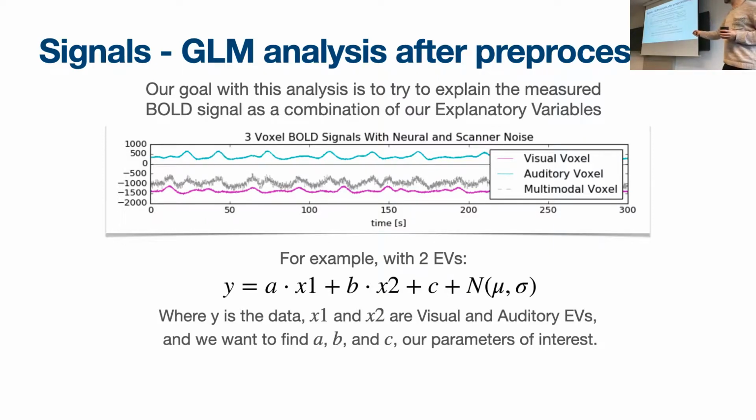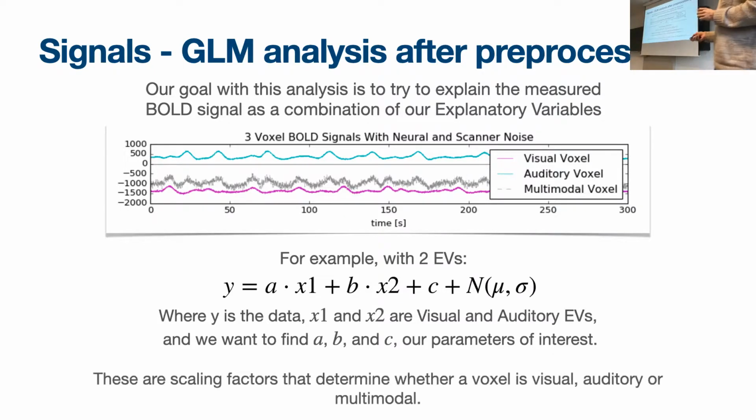So how do we get these numbers A, B, and C? It wasn't necessarily an open question, I'll explain how we get those. But it's really simple, right? Because these numbers are just scaling factors, and they determine whether a voxel is visual, auditory, or something like multimodal, right?